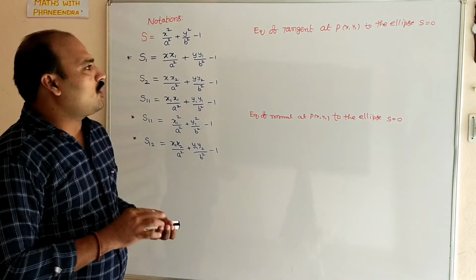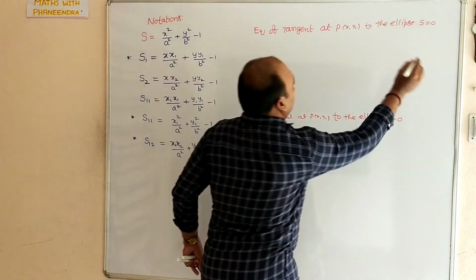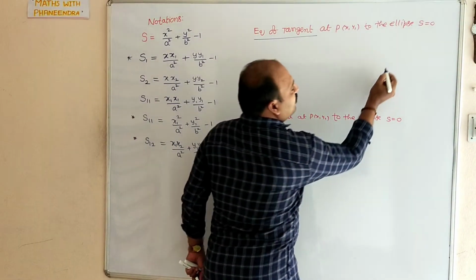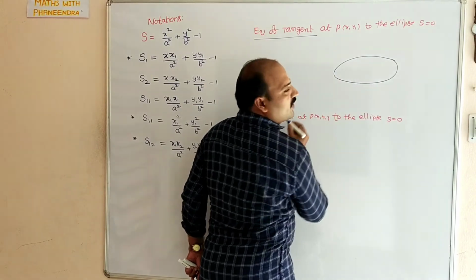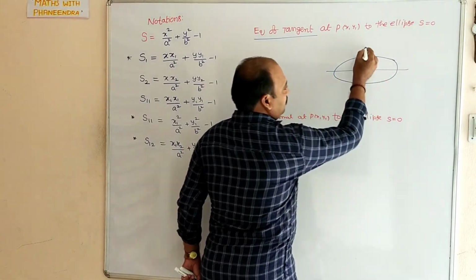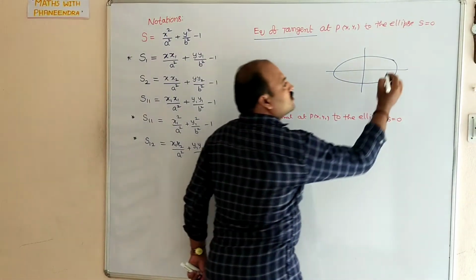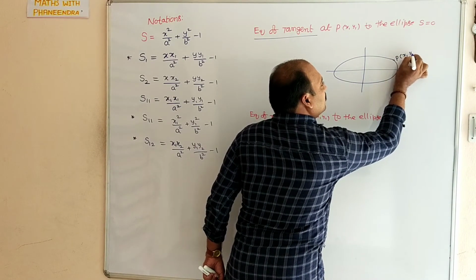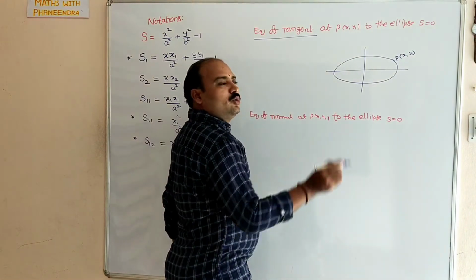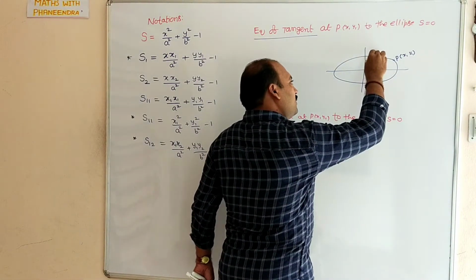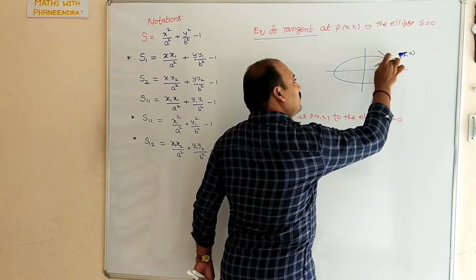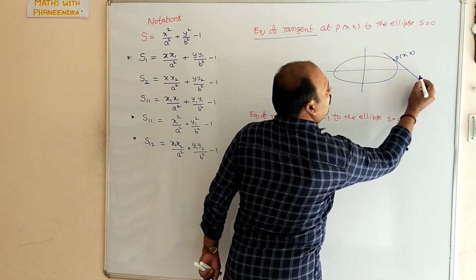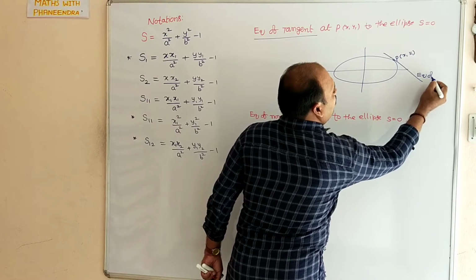So here first draw a rough figure for the equation of tangent we are calculating. So this is the ellipse figure. Let P of x1 comma y1 be any point. You draw a line which touches the ellipse at P. So this line is called the tangent.